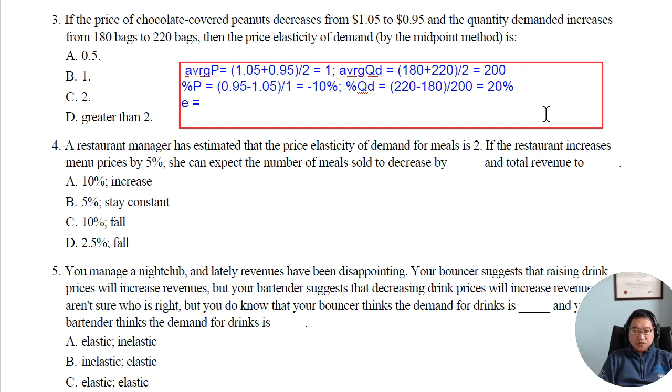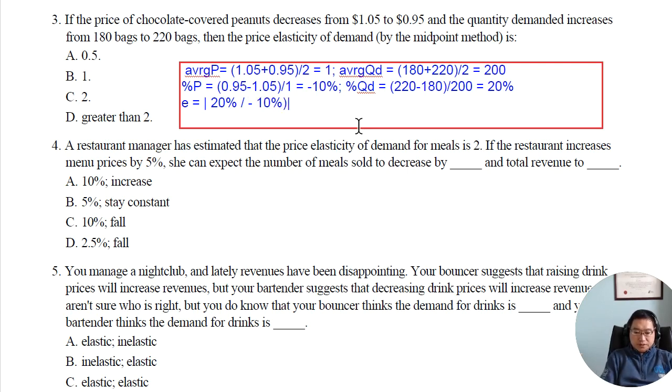Usually we know the price elasticity of demand is a negative number, so we usually just drop that negative sign. But with the numbers here, it's the percentage change in quantity demanded, 20%, divided by the negative 10%, the percentage change in the price.